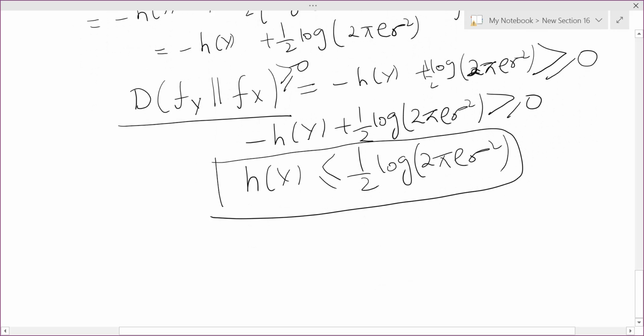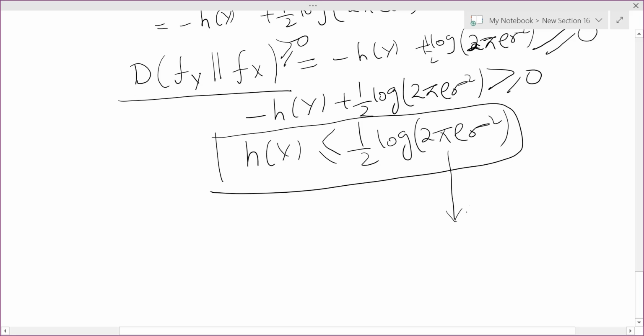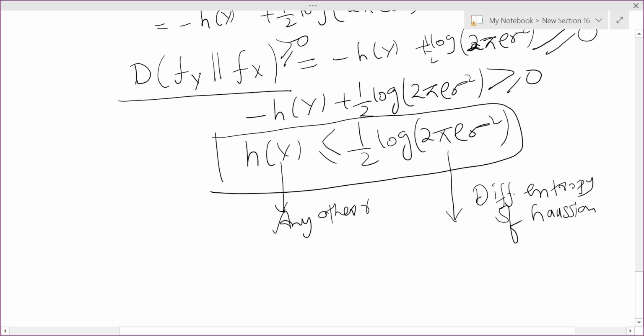What does it mean? See, the right hand side is the differential entropy of a Gaussian random variable, okay, and y is any other random variable but with the same mean and variance, so y can have any distribution.